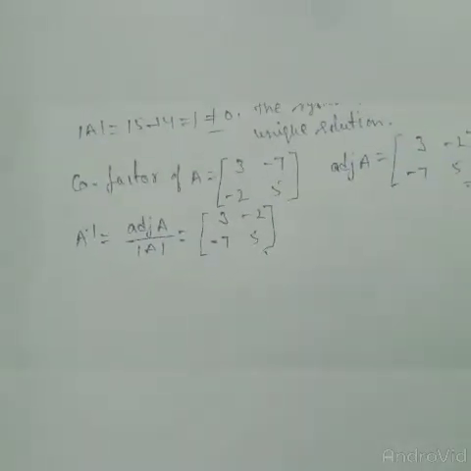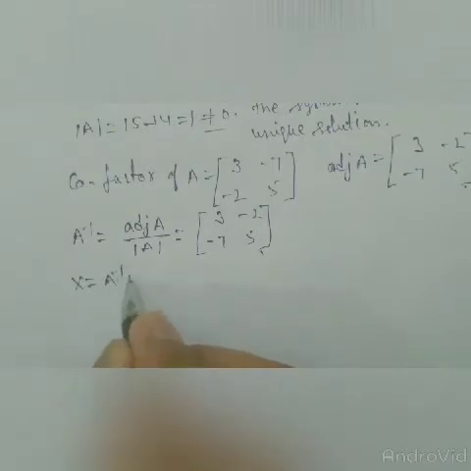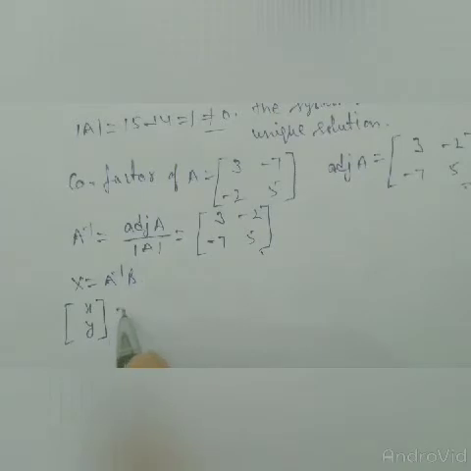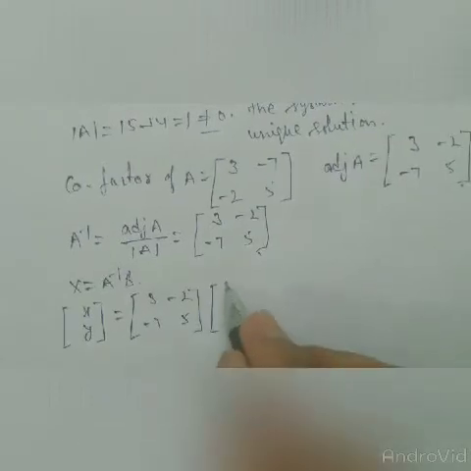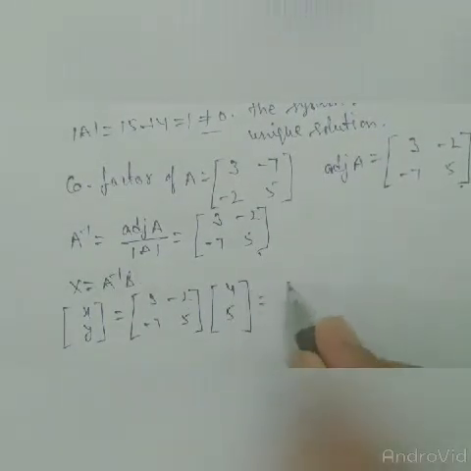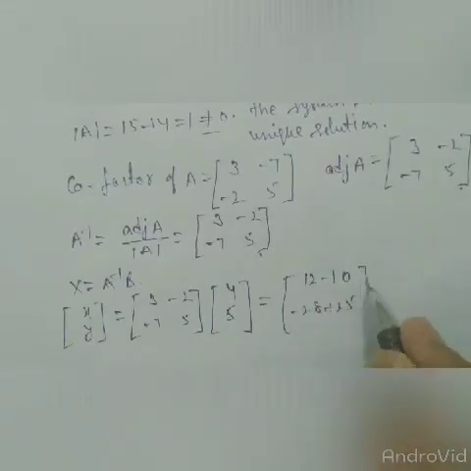So what is the matrix method? As we know, the matrix method is X equals A inverse B. So X is (x, y). A inverse is 3, minus 2, minus 7, 5. B is 4, 5. If we multiply first row, first column: 12 minus 10; then minus 28 plus 25.